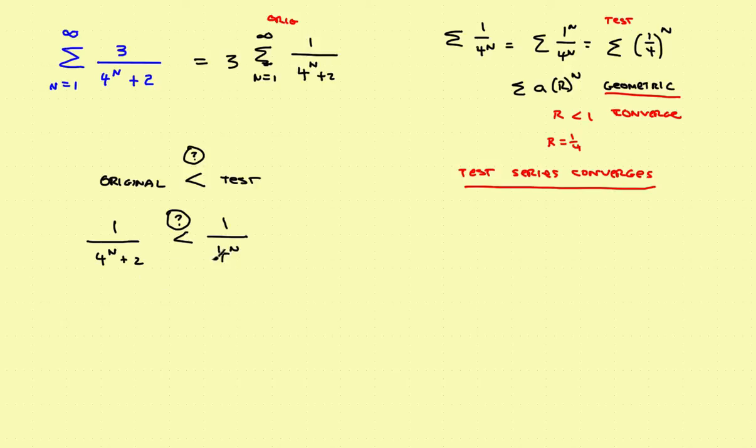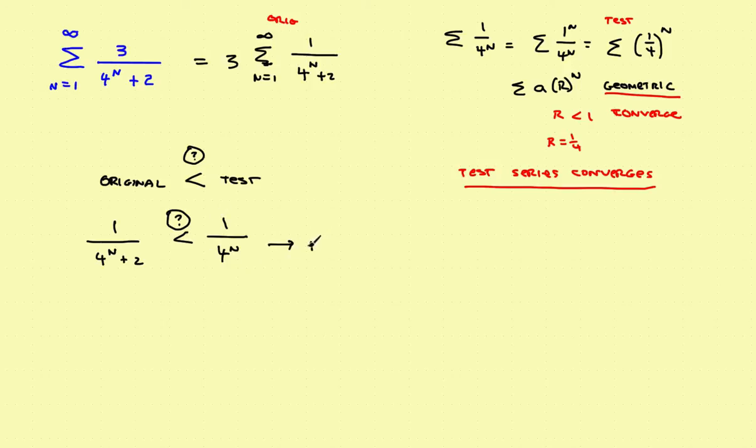Now, using the same arguments we've always used, this 4 to the n will always be less than 4 to the n plus 2. So the denominator on the left is always going to be bigger than the denominator on the right. In a fraction, if the denominator is bigger, the whole fraction is smaller. So this fraction on the left will always be smaller than this fraction on the right.